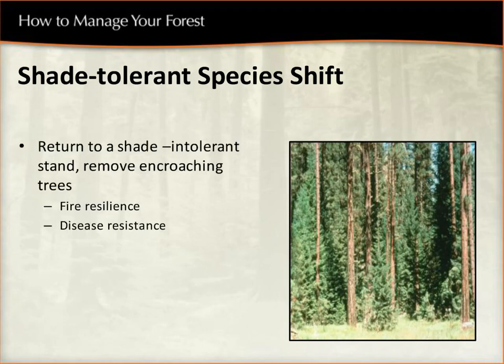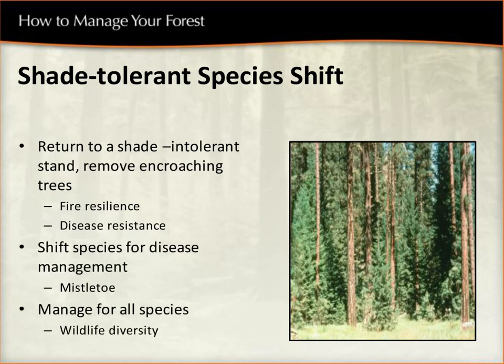But let's suppose the overstory of shade-intolerant trees is heavily infected with mistletoe. If the regenerating new trees are of the same species, they will be susceptible to infection, perpetuating the problem. However, because mistletoes are tree species specific, the new shade-tolerant trees will be immune to the mistletoe and are an option to consider, in this case, as the new forest.